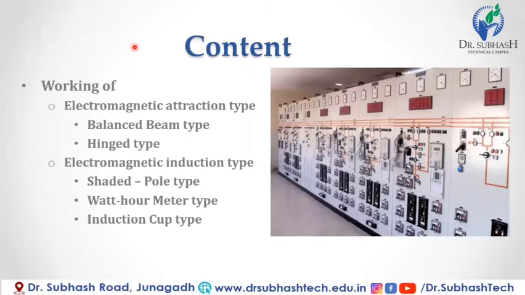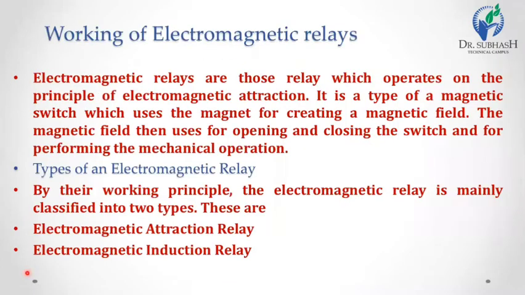In this lecture, we will discuss the electromagnetic attraction type relay. Its subtypes are balanced beam type and hinge type. So we will see the working of these relays and the electromagnetic induction type relay.